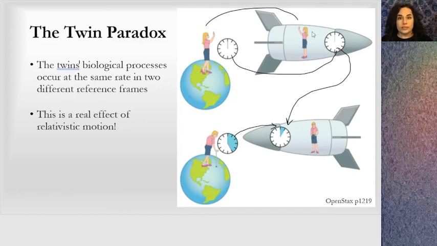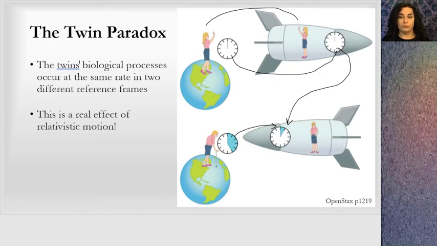The one twin in the spaceship measured a smaller time and thus did not age as much as the person who stayed on the planet. This is a real effect of relativistic motion. And we saw that again with validating the 45 hours in an airplane. This is a real effect that happens. If a person leaves and then comes back, the people on the planet have aged much longer than the person moving in this spaceship.